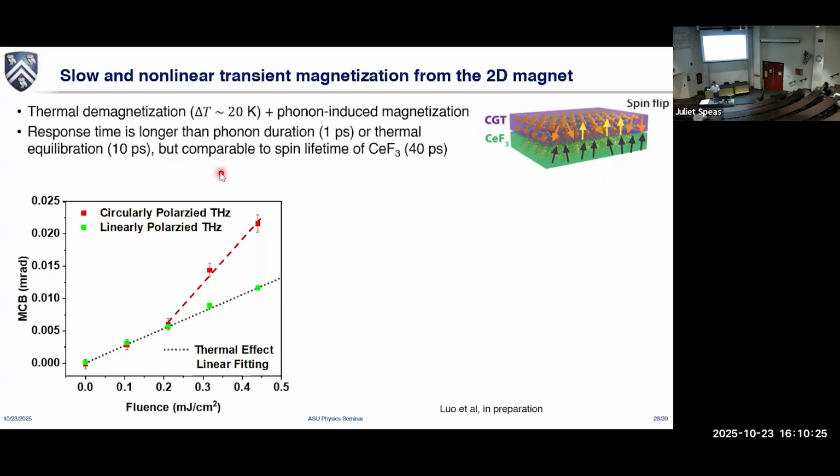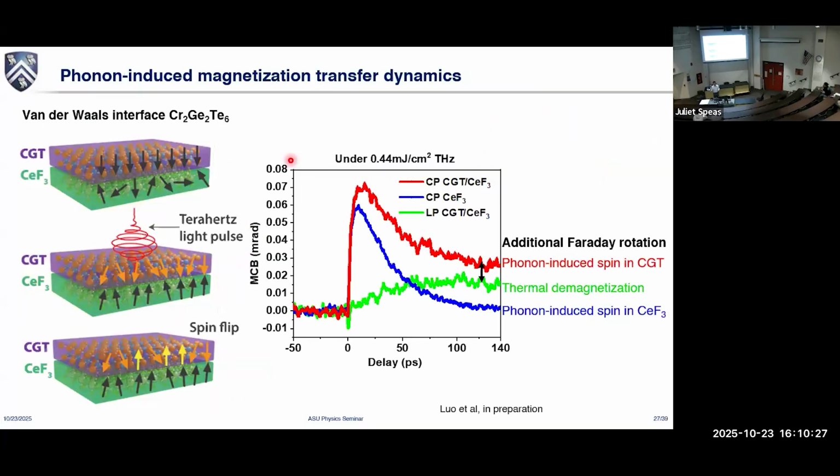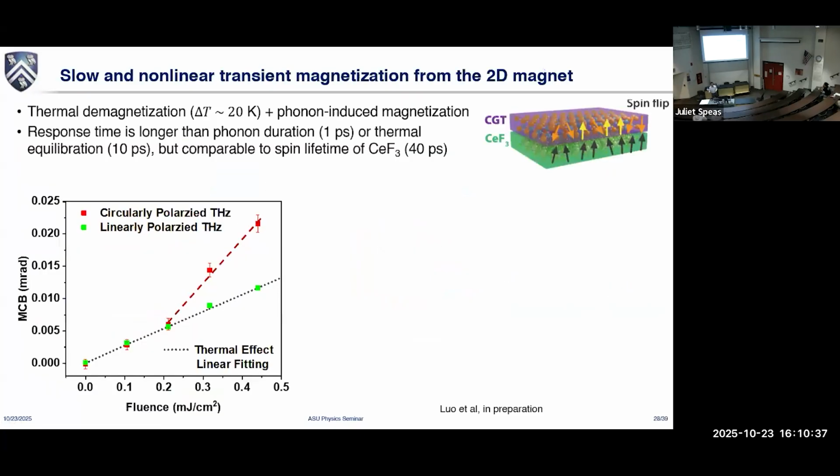And the second feature is if you look at the difference between these two curves. If you sum the green and blue curves and compare it with the red curve, there's a relatively slow difference that changes on the order of tens of picoseconds.